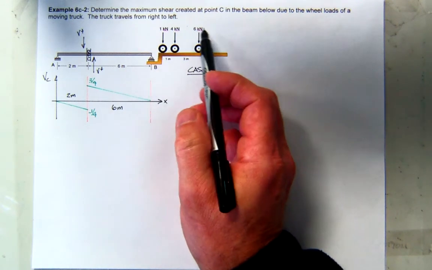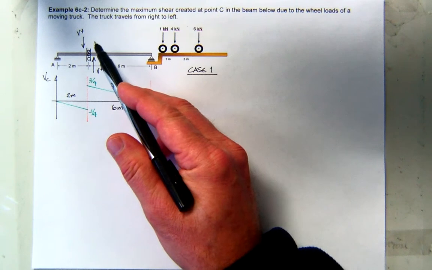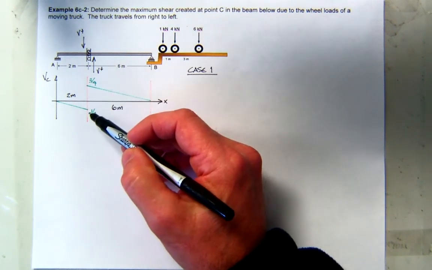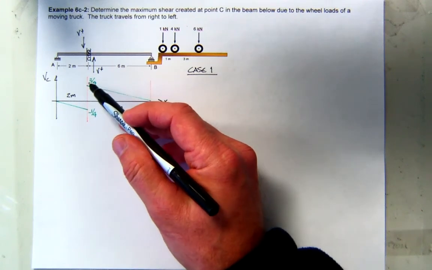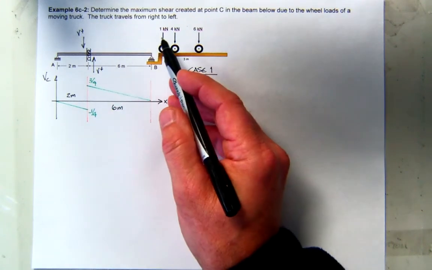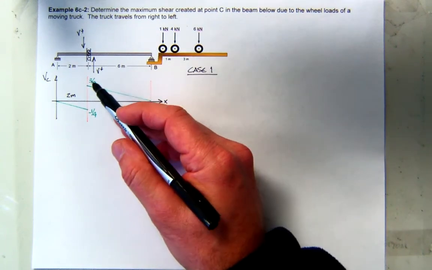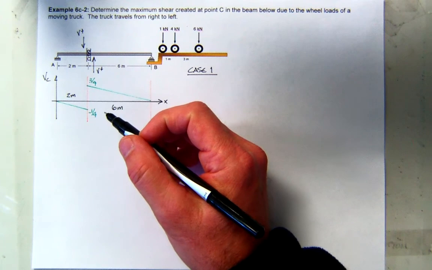So when I let my series of loads move from right to left, when I stop it here at C, I'm not going to stop it at minus 1/4, which is to the left. I'm going to stop it just to the right at 3/4. So as I run through my cases, I'm going to let each of these loads stop just to the right of C and get the 3/4 value.